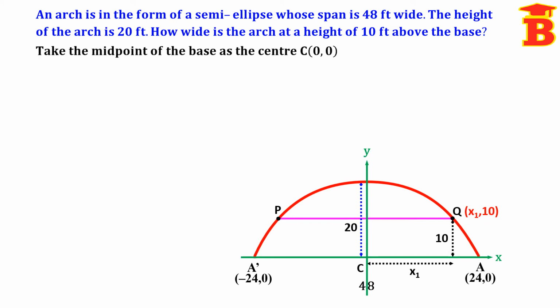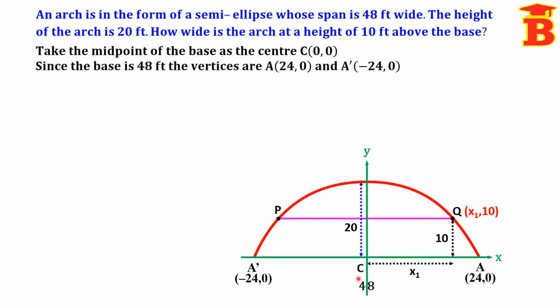So take the midpoint of the base as the center C. Since the base is 48 feet, the vertices are 24, 0 and minus 24, 0. Here from the diagram, we know that the A value is 24 and the B value is 20.